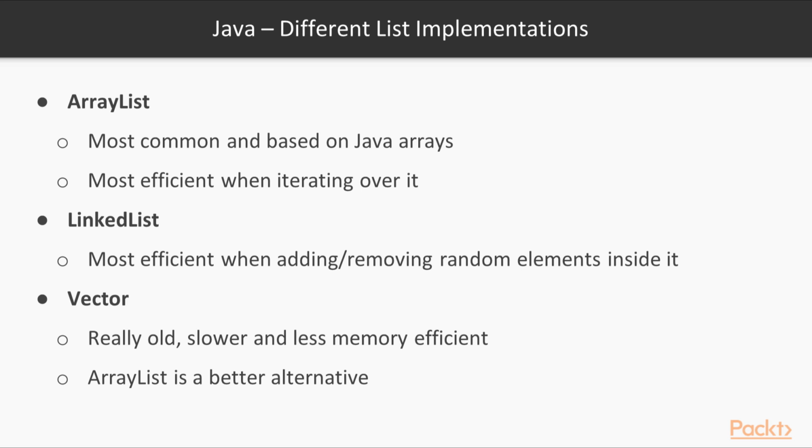The next example is LinkedList, and unlike the previous one, a linked list is not based on arrays. However, it stores each value in a bucket and creates a pointer from the current bucket to the next element in the list. Since those pointers can be moved around quite easily and quickly, this particular implementation is the most efficient one when adding or removing elements inside the list.